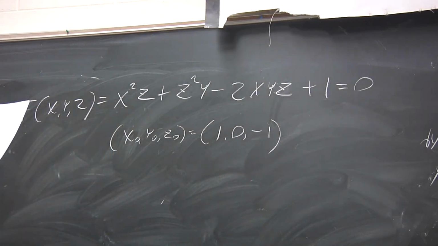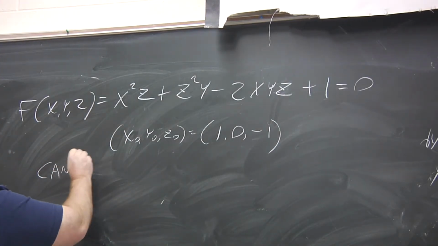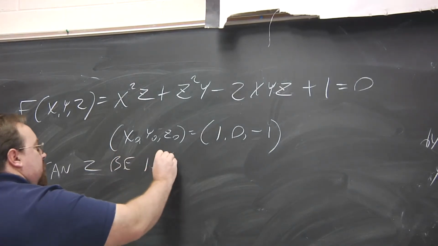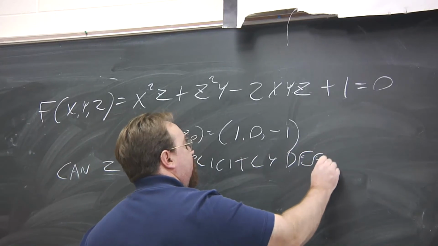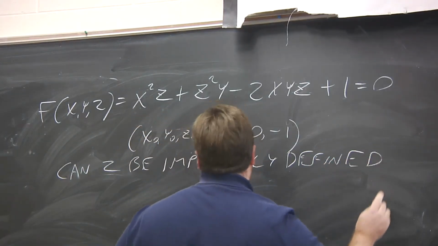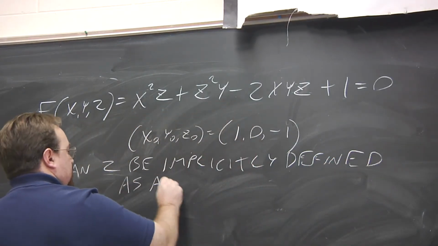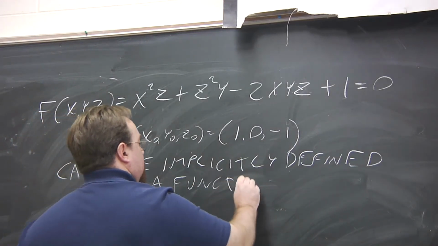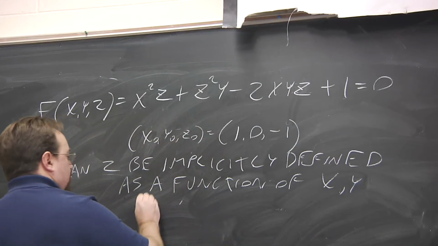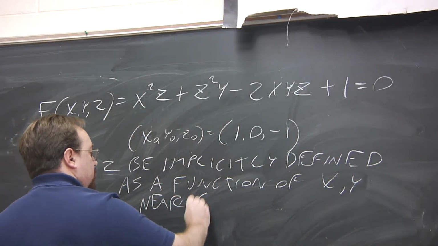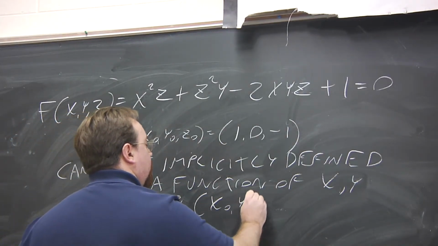So this point is on the graph of the solution of this equation. So we want to know, is it possible to implicitly define z as a function of x and y near this point?